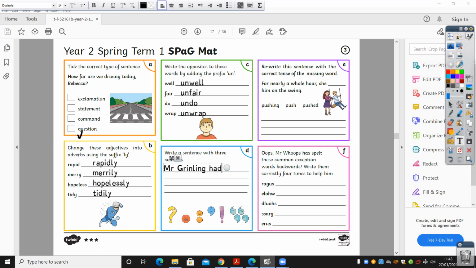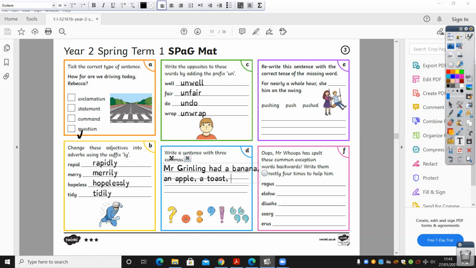Mr. Grinling had a banana, an apple, a toast. I need 3 commas, so 1, 2, 3.